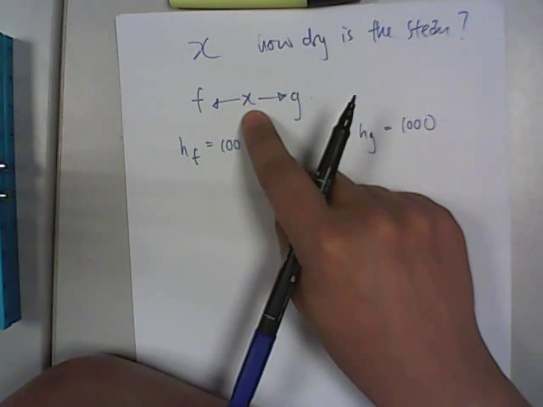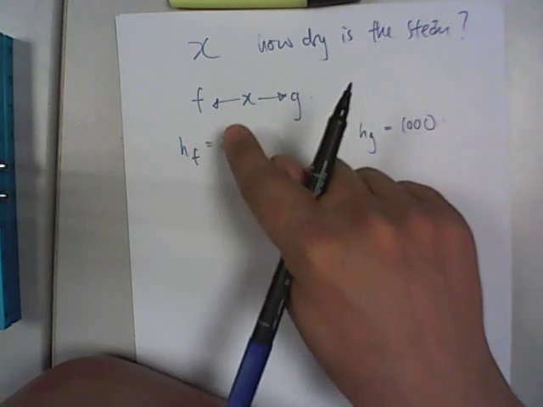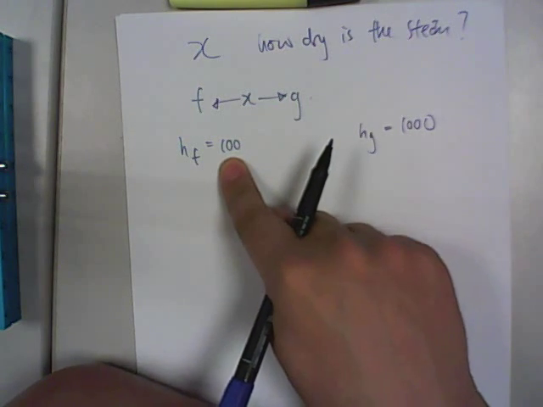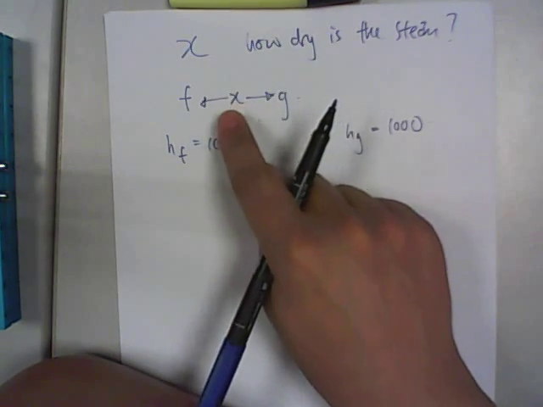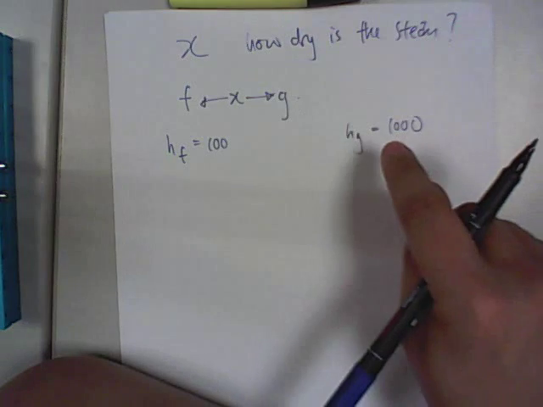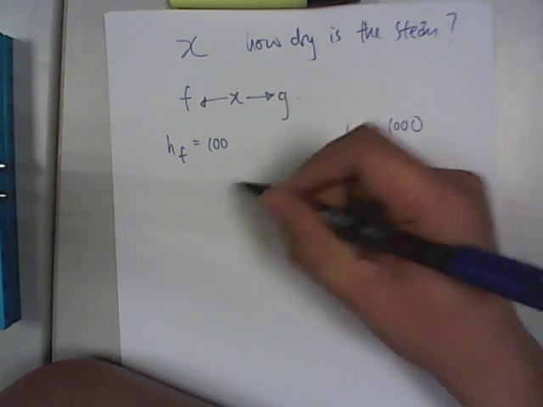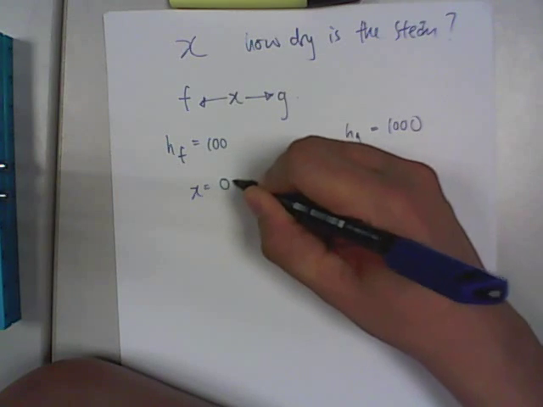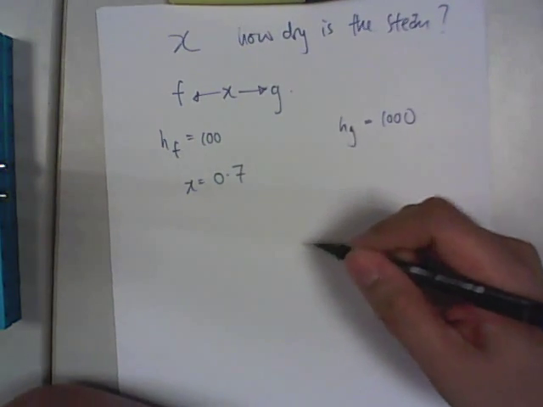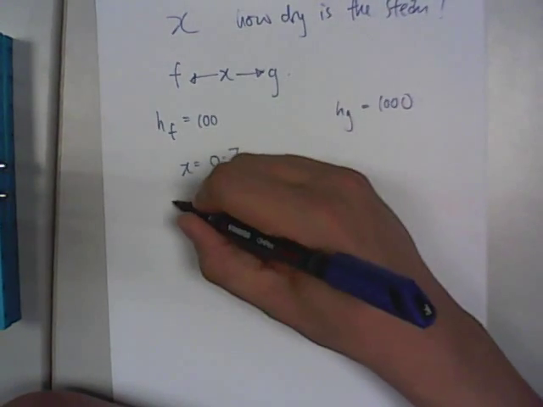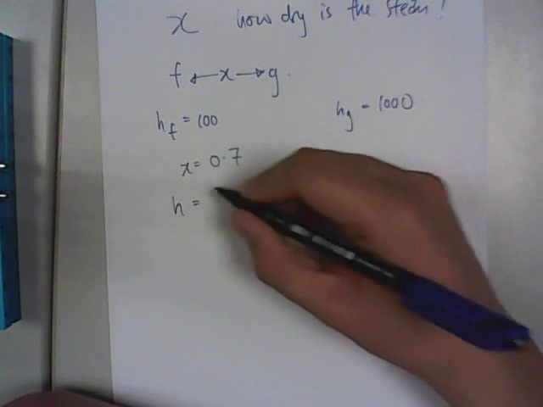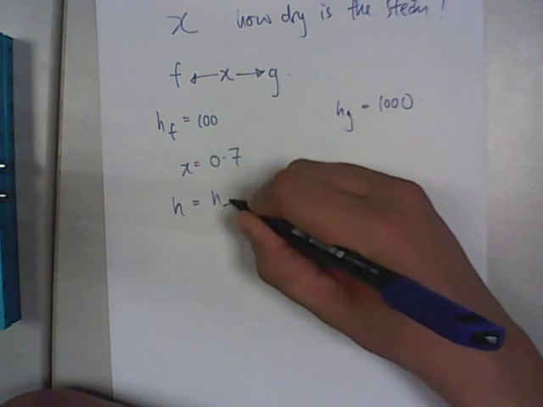If x is totally wet, x is 0, then the enthalpy will be this value. If x is totally dry, x equals 1, your enthalpy will be this value. If it is somewhere in between, let's say x is 0.7, how can I calculate? I can calculate the enthalpy by using this formula.